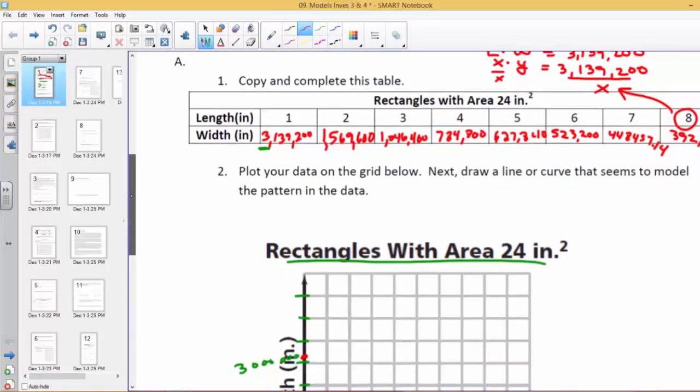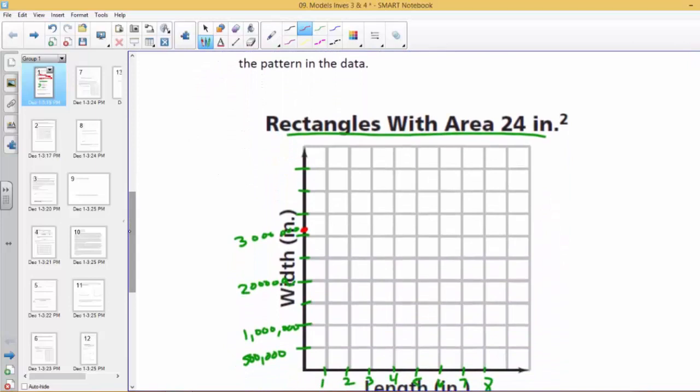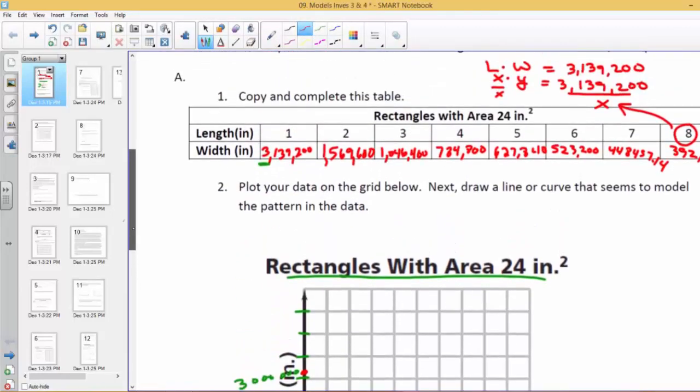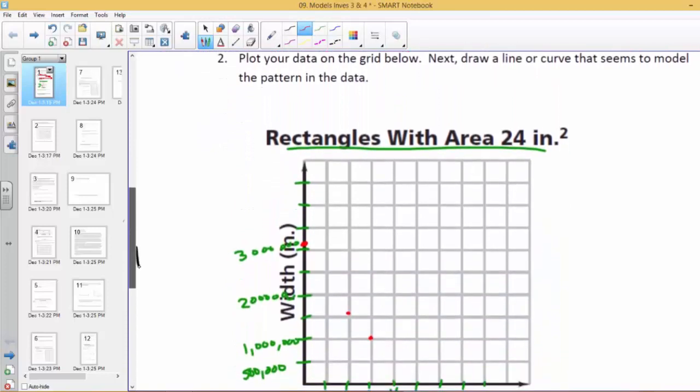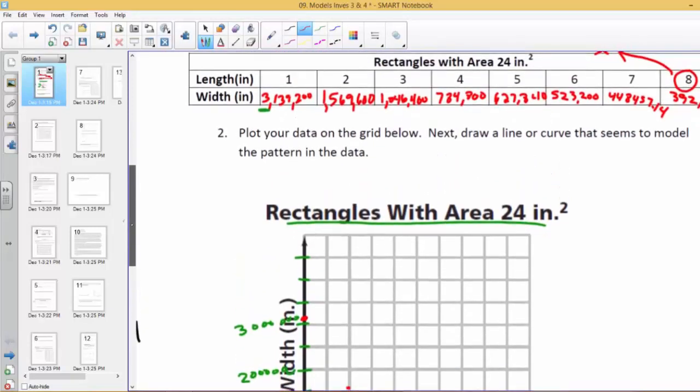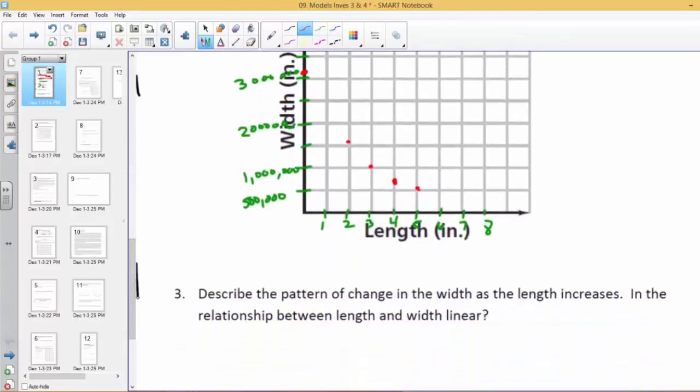Let's see, 2 was 1,500,000. 3 was just a tiny bit above a million. 4 was 784,000. 5 was 600 thousand and something. 6 was 523,000. 7 is 400 something, and 8 is 300 something.